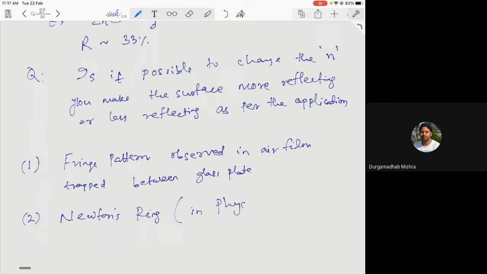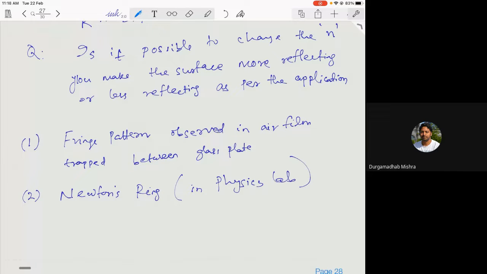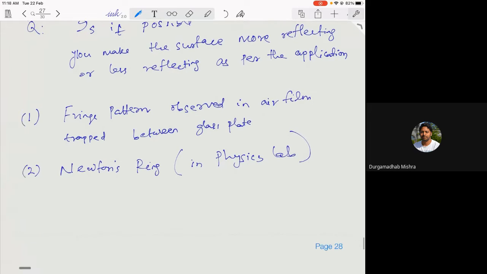When you come to the campus to perform the physics lab, you will observe this interference pattern due to an air film trapped between a glass plate and a plano-convex lens. You have a very special convex lens known as the plano-convex lens, and a flat glass plate. The fringe pattern due to that is known as Newton's ring.